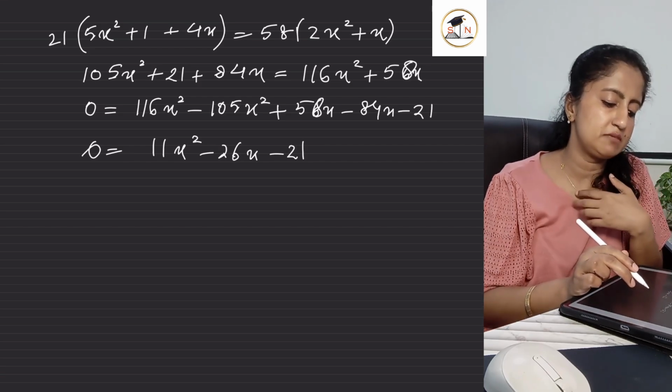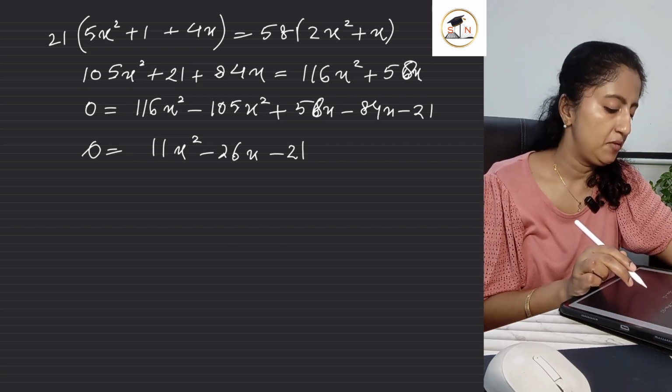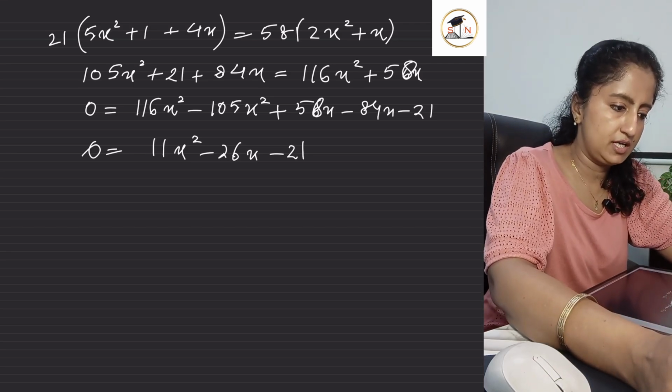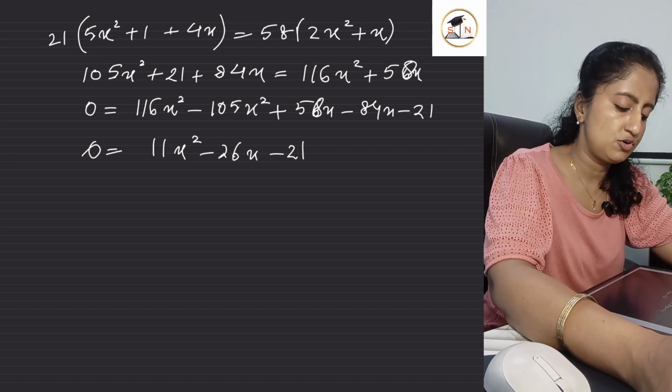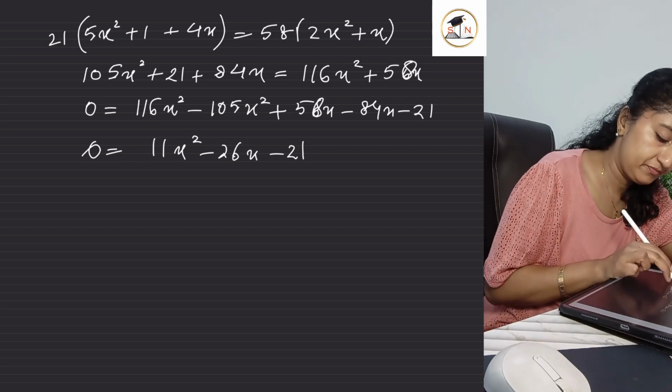This is what we get upon simplification. See, the calculations can get tricky at times, but we need to be careful. Okay, the terms that we have over here is 11, 26, 21, right?